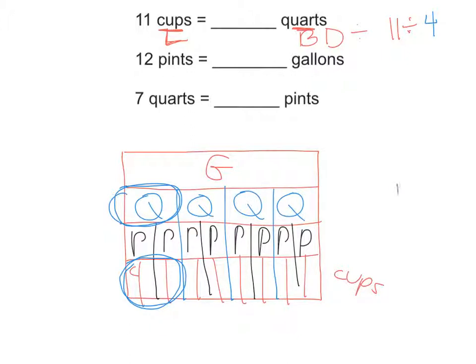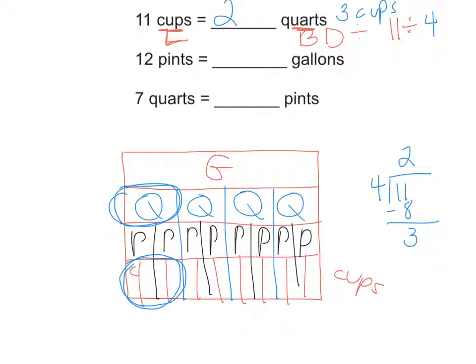And I'm going to come down here to do 11 divided by 4. 4 will go into 11 2 times, which is 8. And 11 minus 8 is 3. So right now what I've done is I've created 2 whole quarts. And 3 is my remainder, which means I could call this 2 quarts and 3 cups.